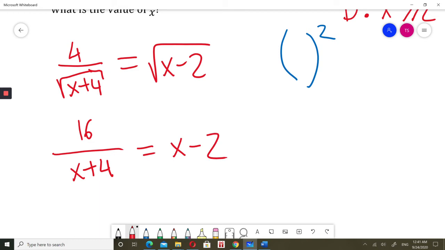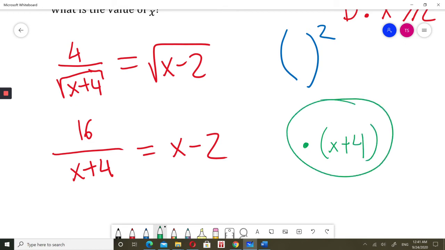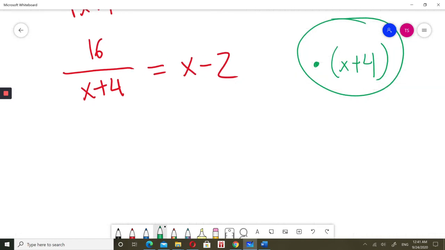Now this looks much simpler, but I still don't like being divided by x plus 4, so I'm going to multiply both sides by x plus 4. When I multiply the left side, the division by x plus 4 will disappear, and I will have just 16. And on the right side, I will have x minus 2 times x plus 4.